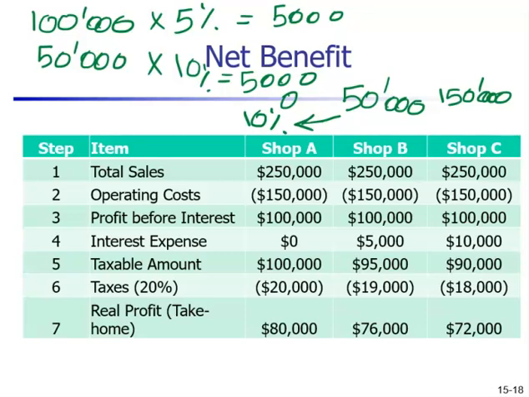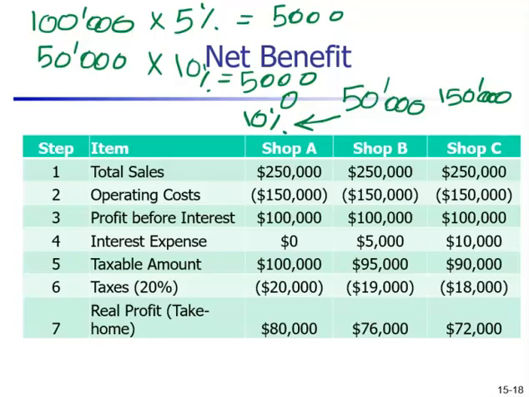Shop B, the taxable amount is $95,000 because they have interest, that is a tax deductible expense. So instead of $100,000, they are going to pay tax on $95,000. And finally, Shop C is going to pay tax on $90,000.